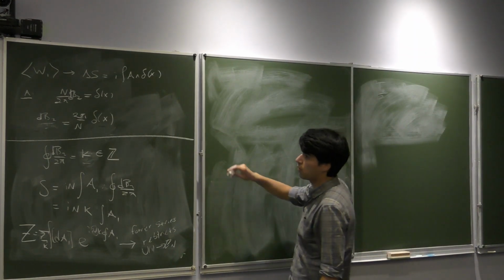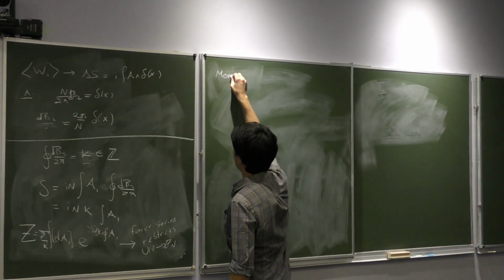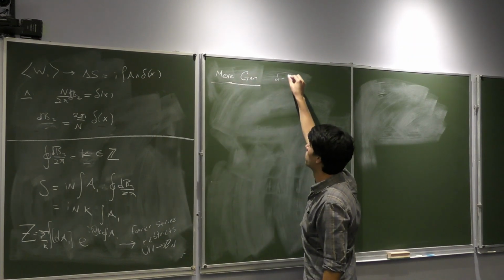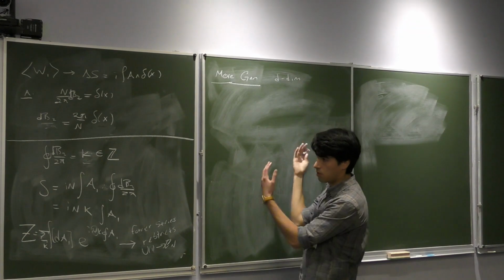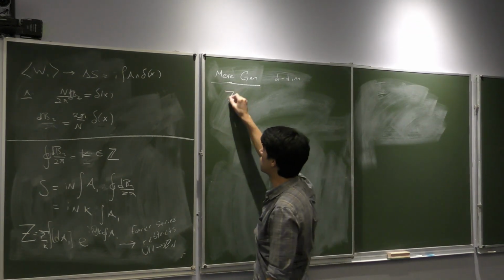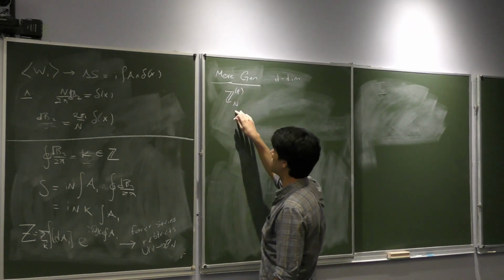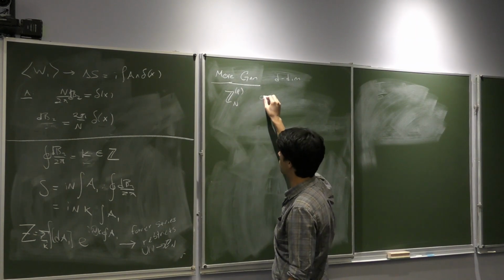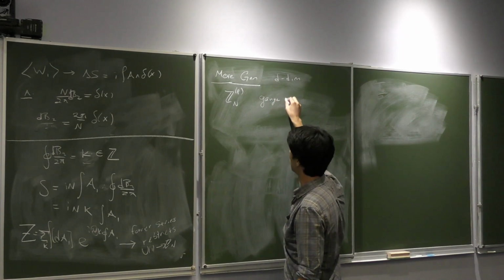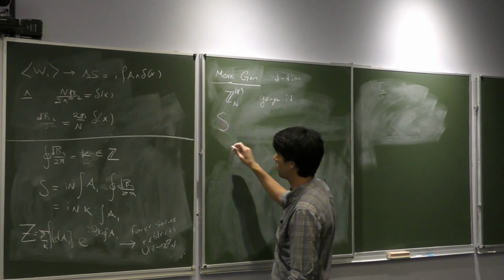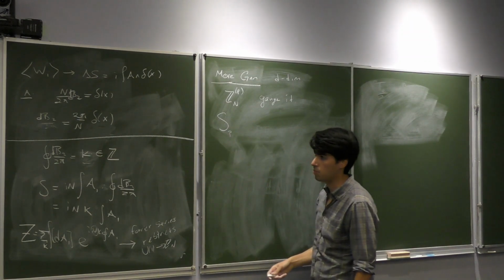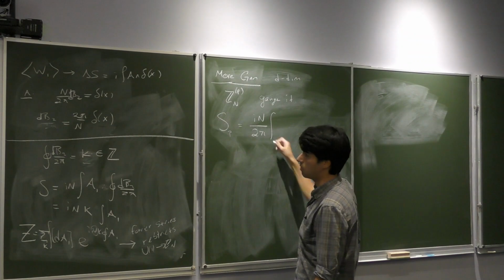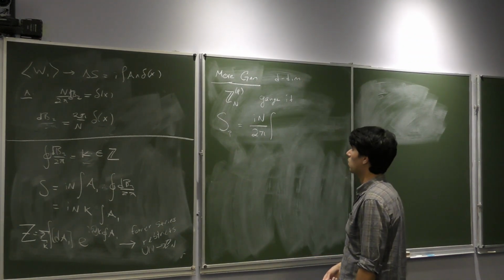And so, I guess I have one more comment. More generally, if you have some d-dimensional theory, and you have a Zn p-form symmetry and you gauge it, then you get a more general BF action, which is essentially the same, except you just change the dimension of everything.